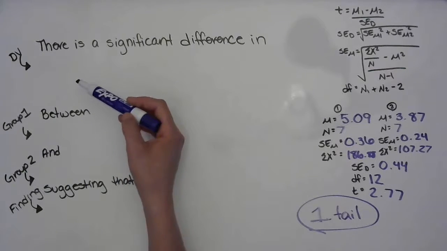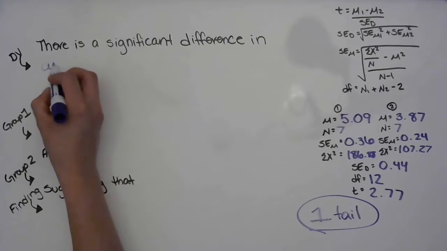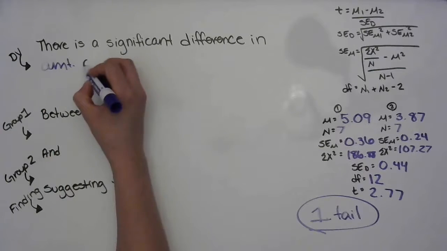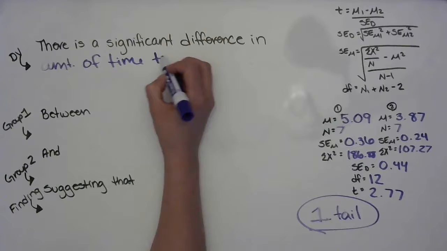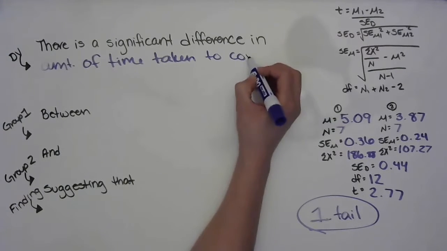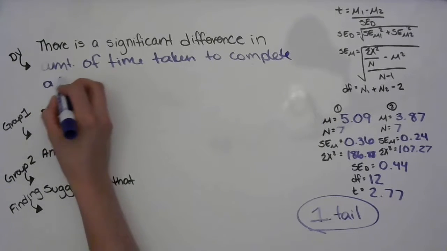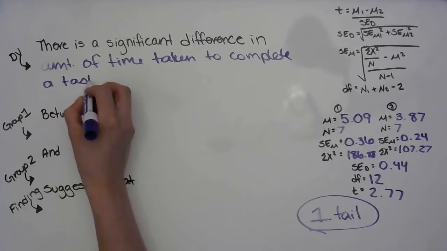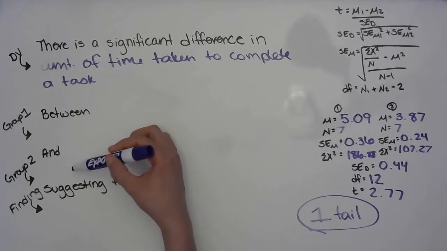Our dependent variable for this problem was the amount of time taken to complete a task. Okay, between, and then you put your first group and your second group.